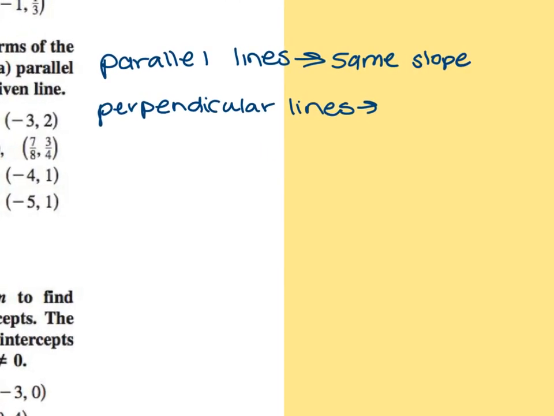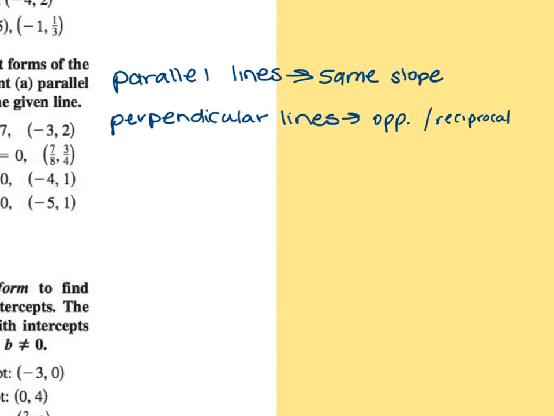Opposite reciprocal, right? So opposite sign and reciprocal. So if I had the slope of a line was 2/3, then the slope of a line that's parallel to it is also 2/3. The slope of a line that is perpendicular to it is -3/2.